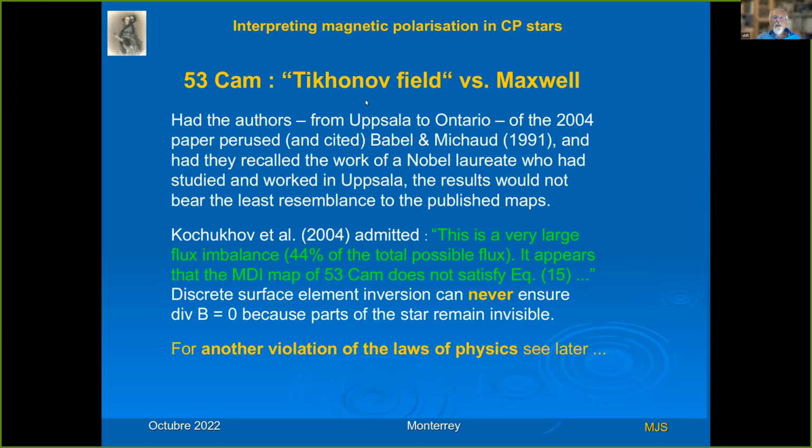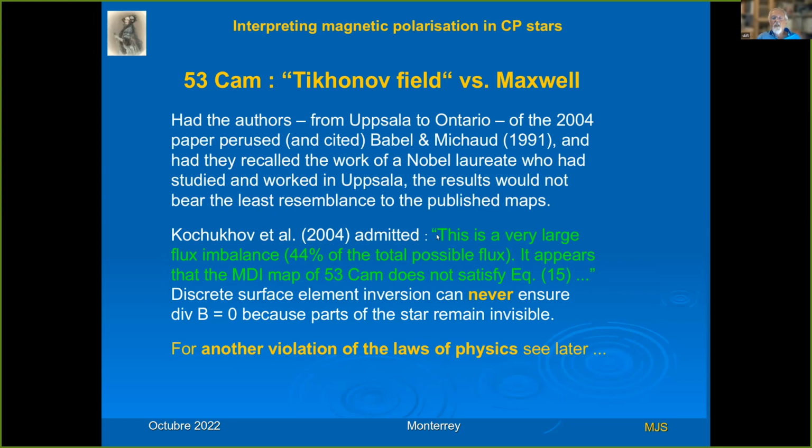And if you look at such a Tikhonov field and compare it with what Maxwell said, the authors of the 2004 papers have not really looked at a paper already published in 91, and they have not thought of Alfvén and what he had said about magnetohydrodynamics.